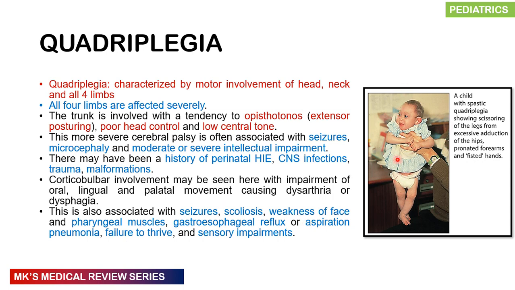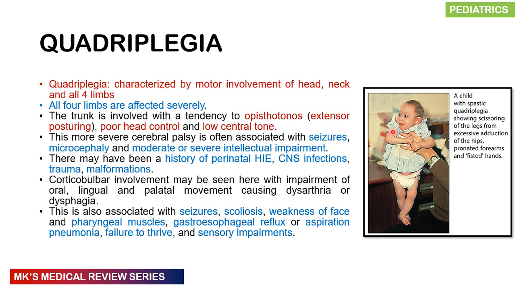If the child is lifted up, you can see the legs here appear extended and adducted, coming together close to the midline, and they're crossing each other as if it's a scissors, so that you see the scissoring of the lower limbs. And then also you can see the upper limbs here are fisted, and the forearms are pronated. So this child here has spastic cerebral palsy.